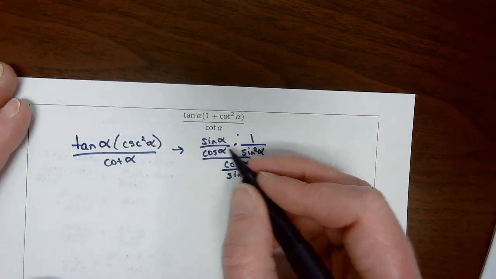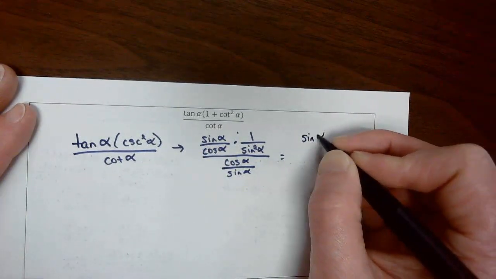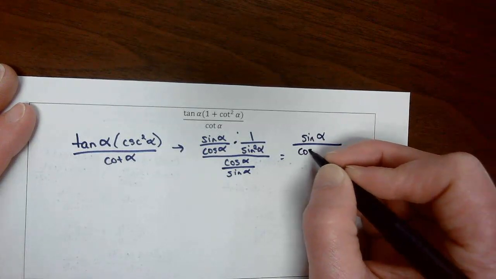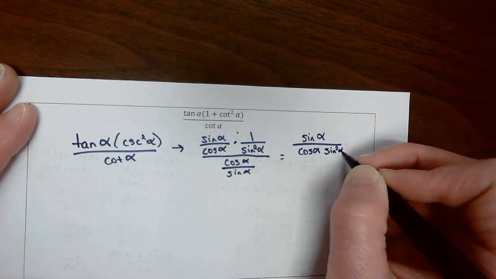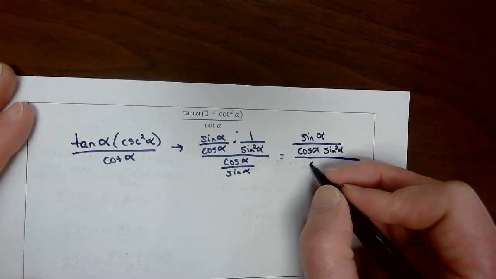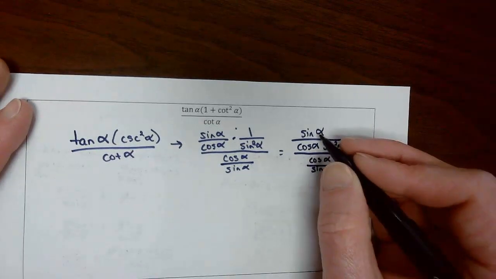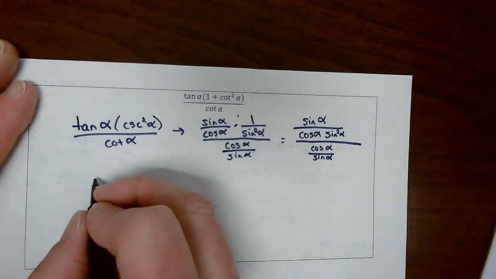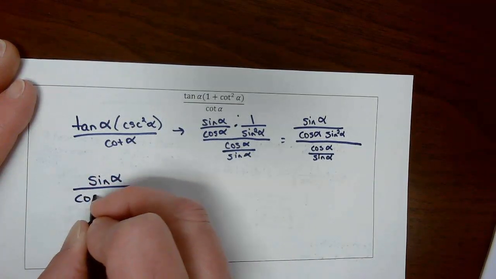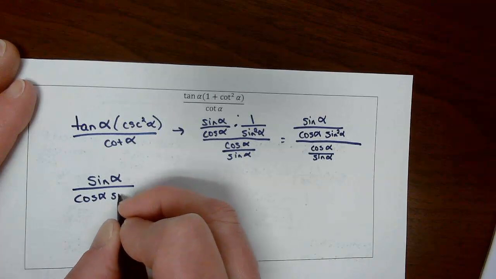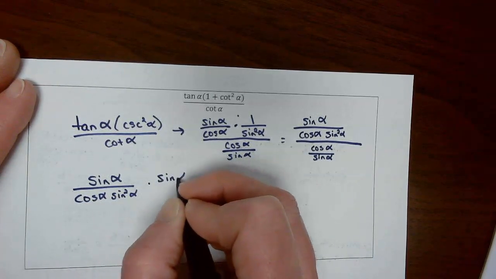All right, so if I multiply those numerators together, I'd get sine over cosine times sine squared, all over cosine divided by sine. Well, I've got a fraction divided by another fraction. So that's the same as taking this one and multiplying by the reciprocal of the denominator.